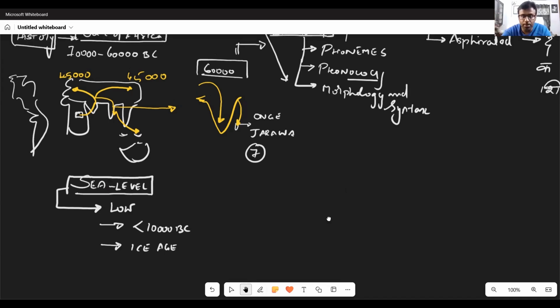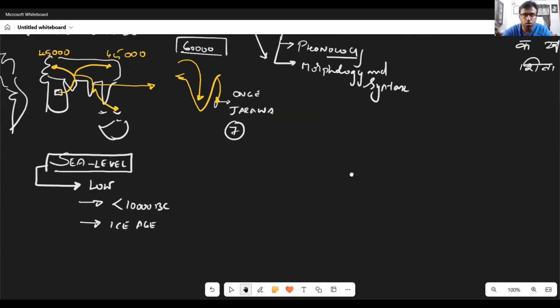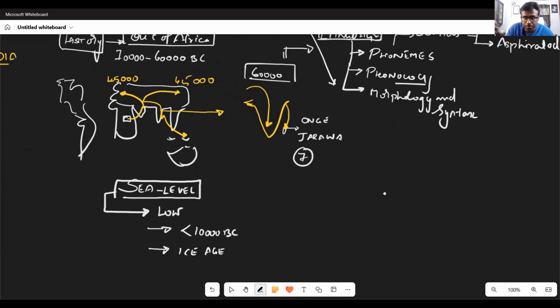The second is what they are called, Negrotoid. This is basic. So what language might they have spoken? I have spoken about phonemes, phonology, and morphology. They may have spoken a language closer to that of the Bushmen of today, who are tribes in Africa.